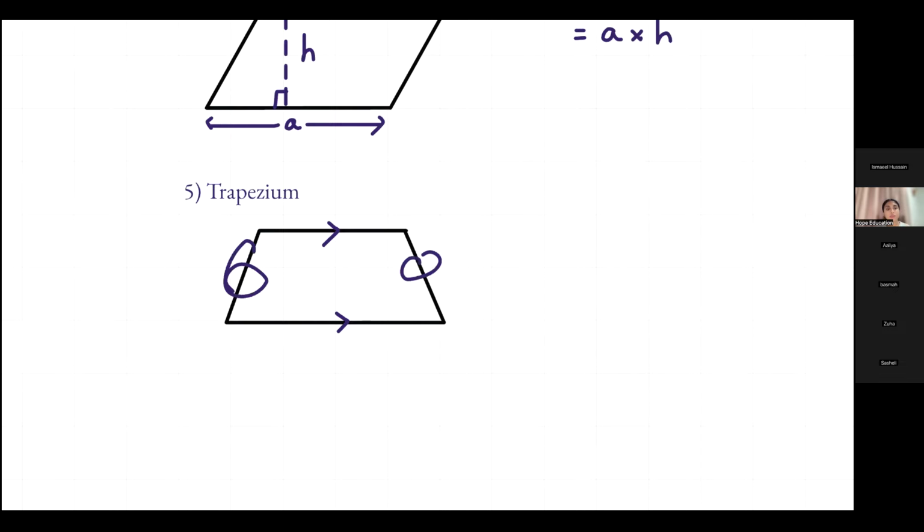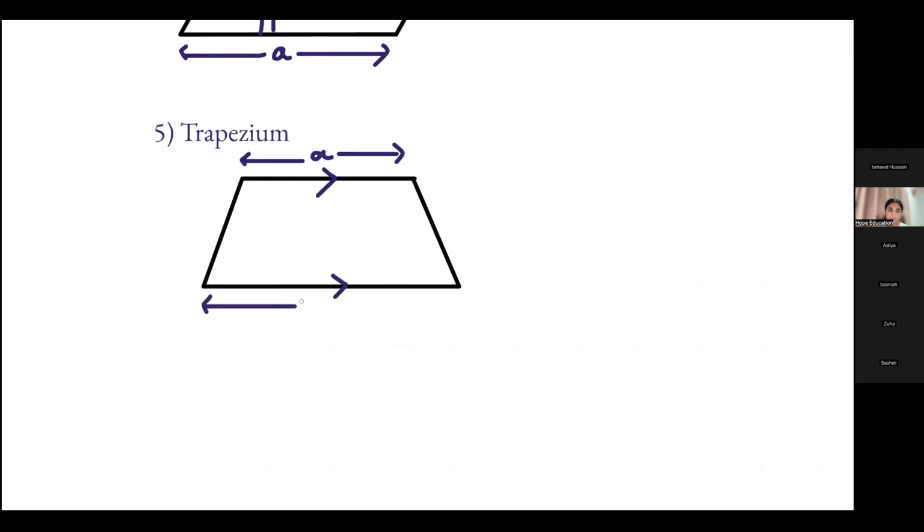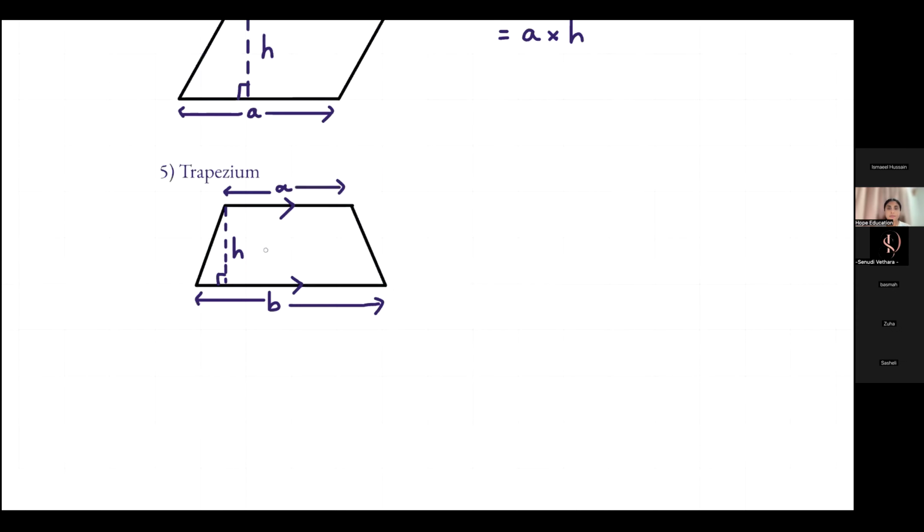So here the length of this side is A. The length of this side is B. And the perpendicular height is H. What is the area of this trapezium? Half into A plus B into height.